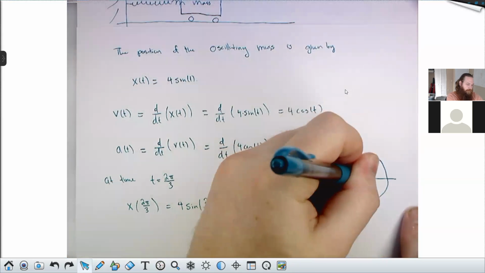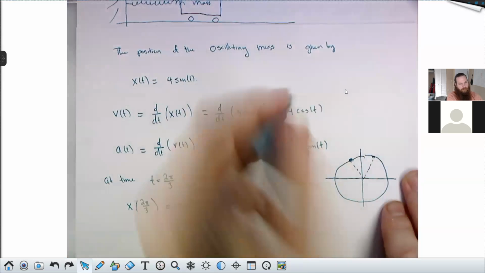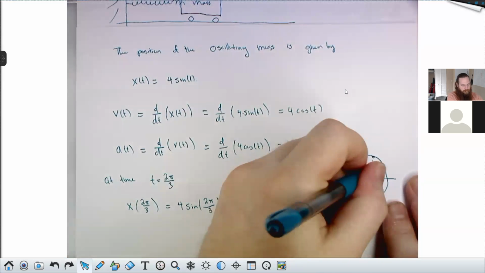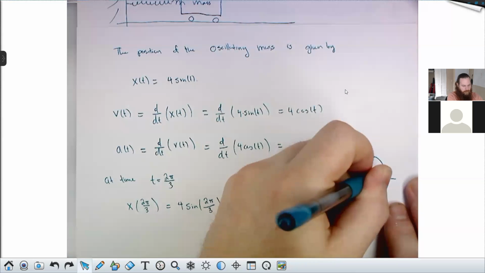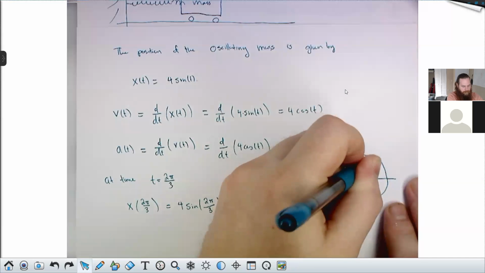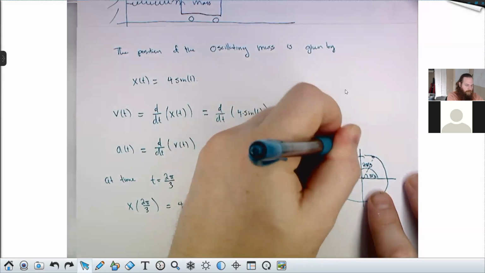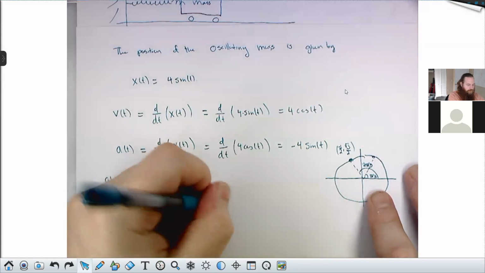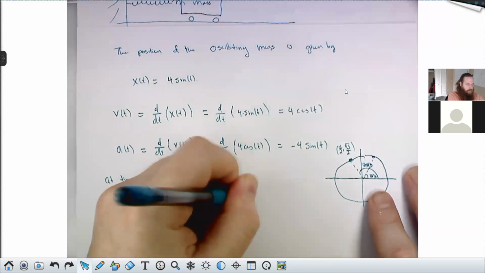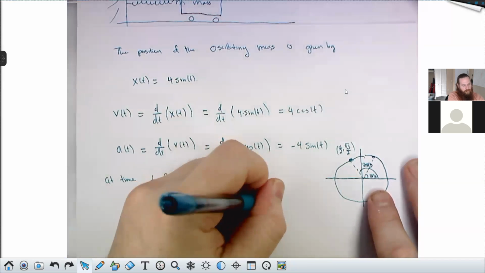Here's pi over 3. 2 pi over 3 is the symmetric point over here. Yeah, so the point here is negative 1/2 comma root 3 over 2. So this is 4 times root 3 over 2. And then you can cancel the 4 and the 2 a little bit there, and you get 2 root 3.